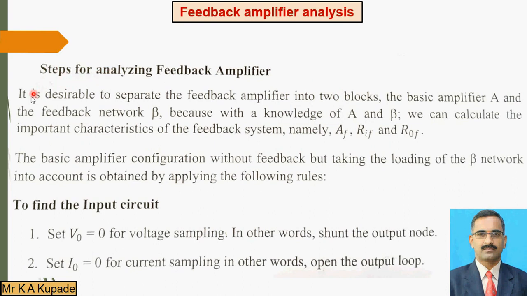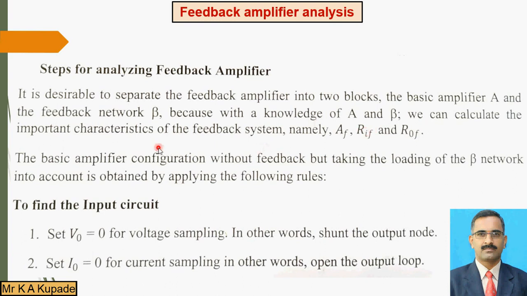In these steps, first it is desirable to separate the feedback amplifier into two blocks: one is the basic amplifier having the amplification gain A, and another is the feedback network having the beta value. This gives the A and beta values.